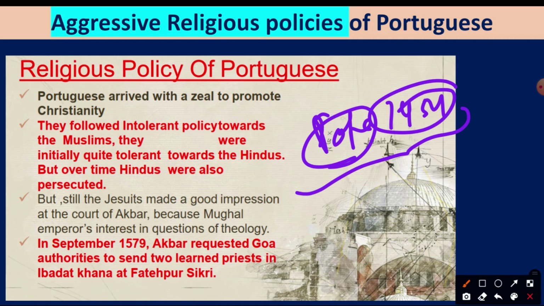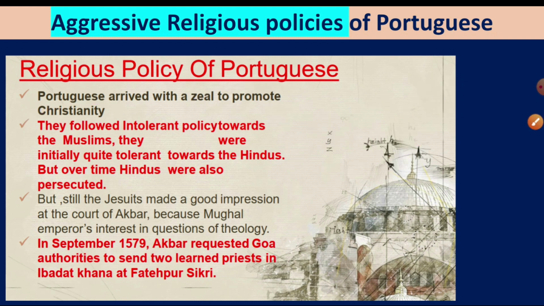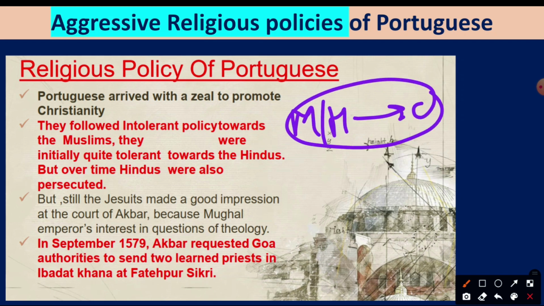So first of all, the zeal, the motivation, the catalyst was to promote Christianity. They followed an intolerant policy towards the Muslims, and later towards the Hindus also. They persecuted Muslims and Hindus, who had to convert to Christianity to avoid this persecution.